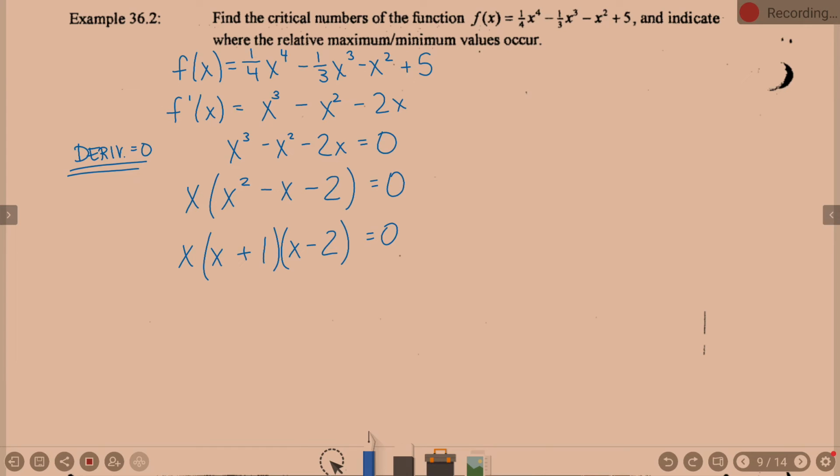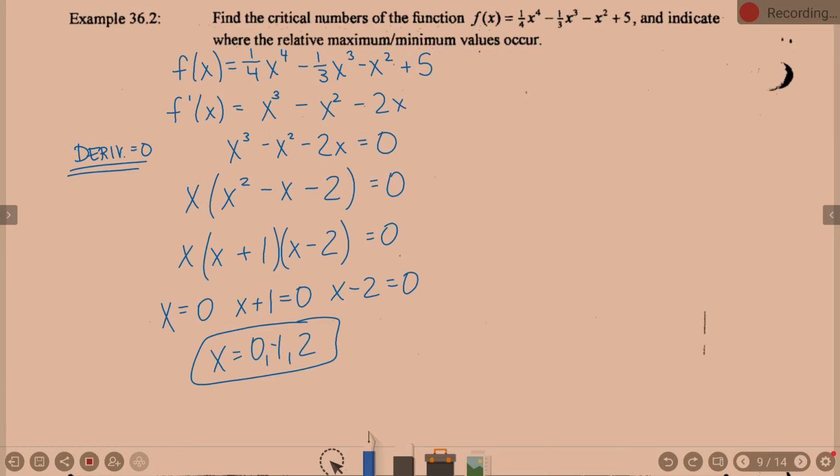Set them all equal to 0. How many numbers is this? This is 3. So x equals 0, x plus 1 equals 0, x minus 2 equals 0. And what are 0, negative 1, and 2? These are your critical numbers.